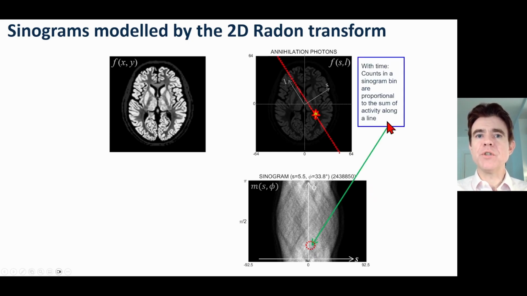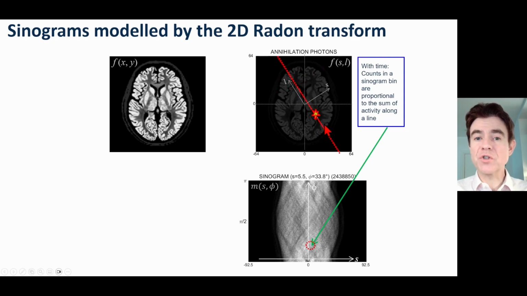Now, what happens is that over time, of course, there'll be many positron-electron annihilations, and we'll have back-to-back photon pairs given off isotropically from this distribution. But over time, if we just fix our attention on that one sinogram bin, in other words, that one line through the field of view, then of course there'll be many annihilations that occur along that line, and they could have originated from any of the various positions along that function f that actually sit on that line.